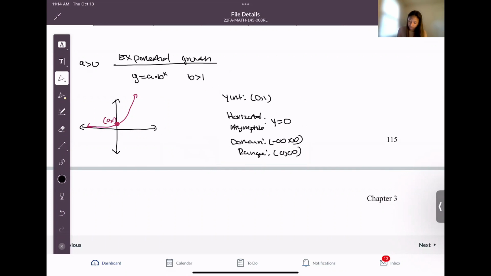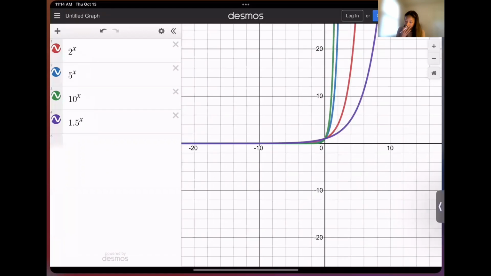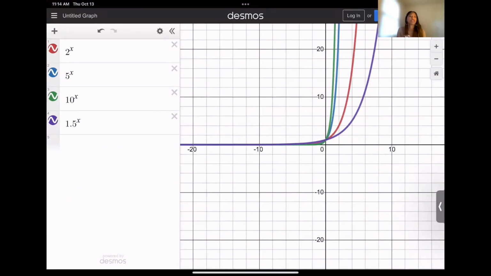All right, I'm going to move that over here. For an exponential decay model, let's look really quickly at exponential decays. We need our bases to be smaller than 1 to be an exponential decay. So let's look at 1/2, 1/5, 1/10, and 1/1.5. That'll make it easy.